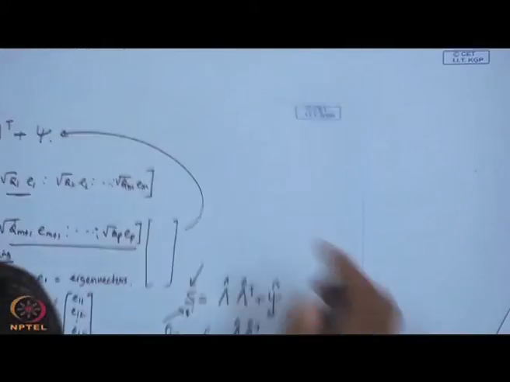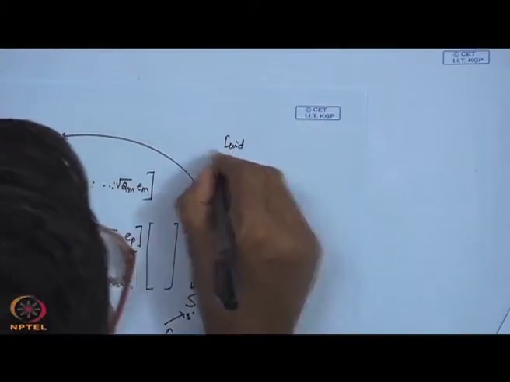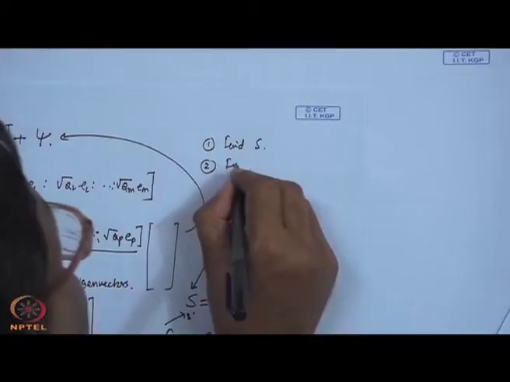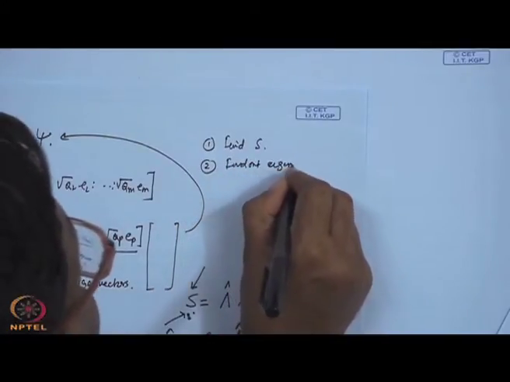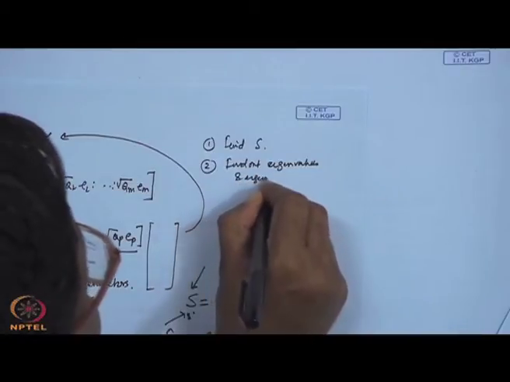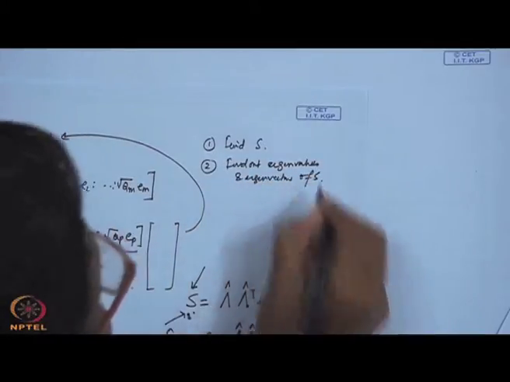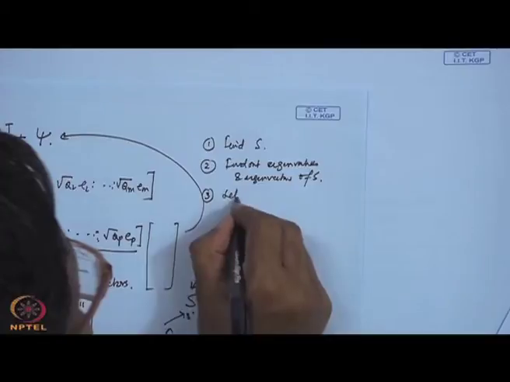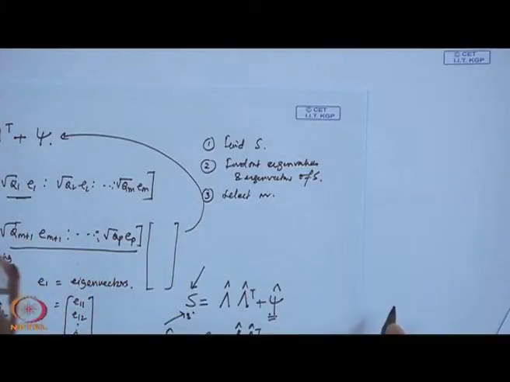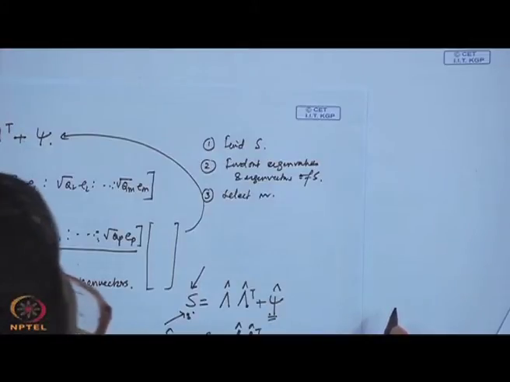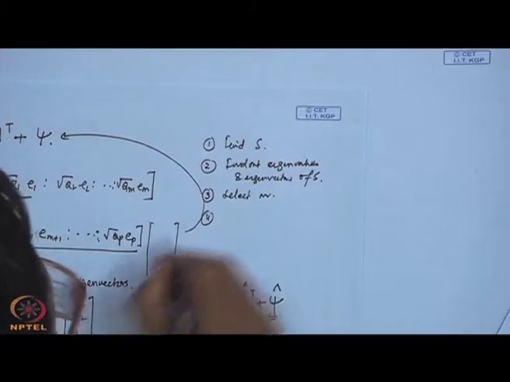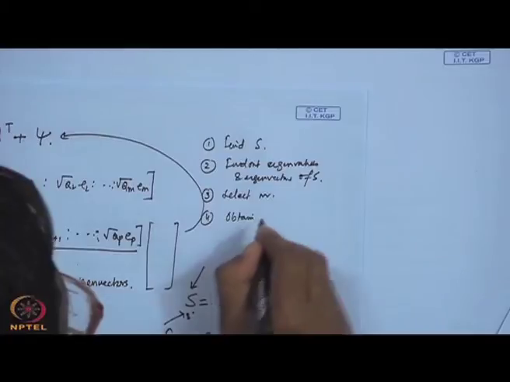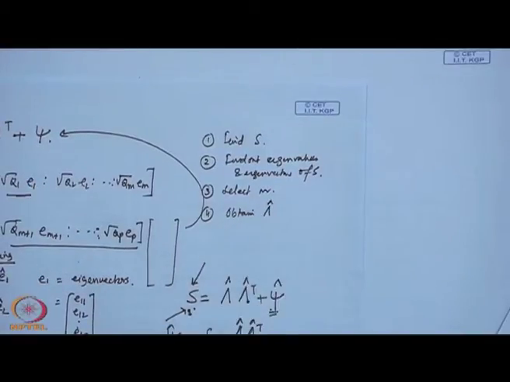Then what are the steps? The first step is to find S. The second step is to find the eigenvalues and eigenvectors of S. Then the third one is you select M. The fourth one, once you select M, is to find the loading, that is, obtain Lambda cap.